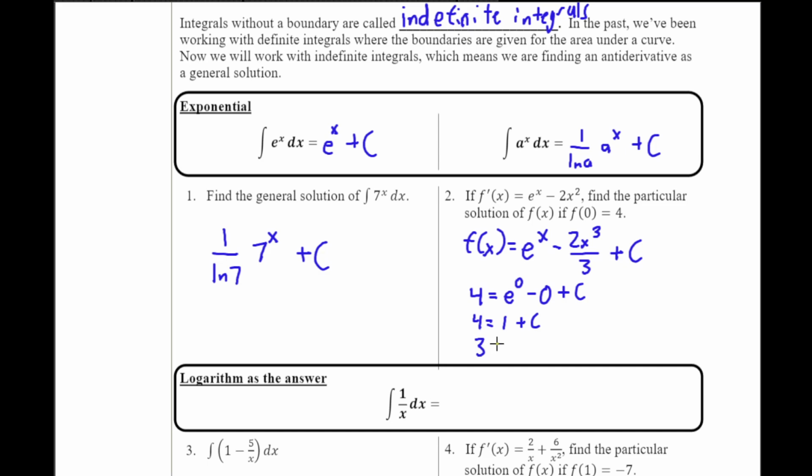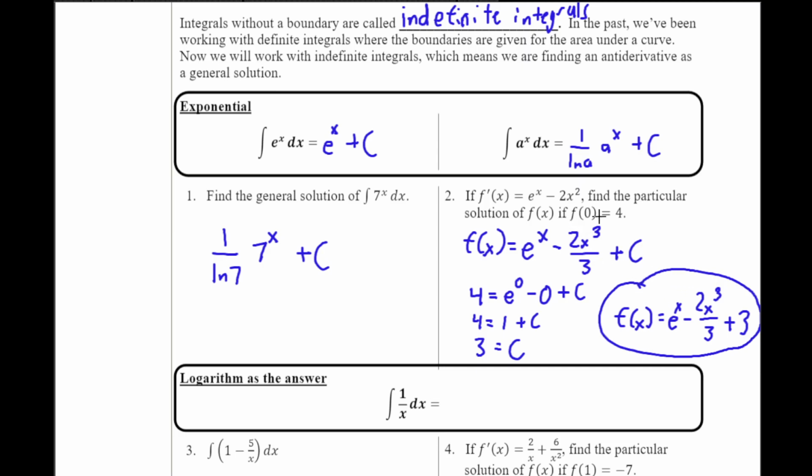So 3 is equal to c. Now we found the c value from our condition. We can plug this back into f of x. So f of x is equal to e to the x minus 2x cubed over 3 plus 3, because we found c was equal to 3. So this is your particular solution because they gave you an initial condition.